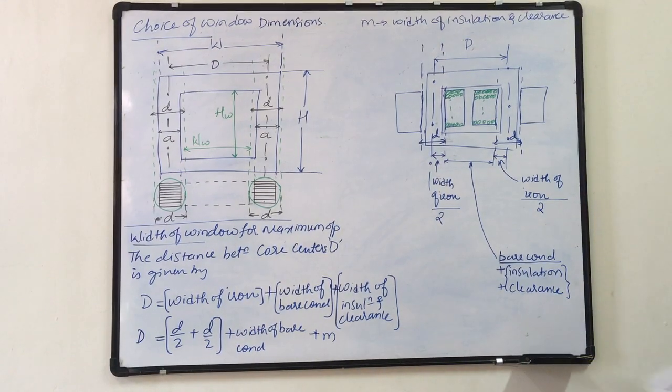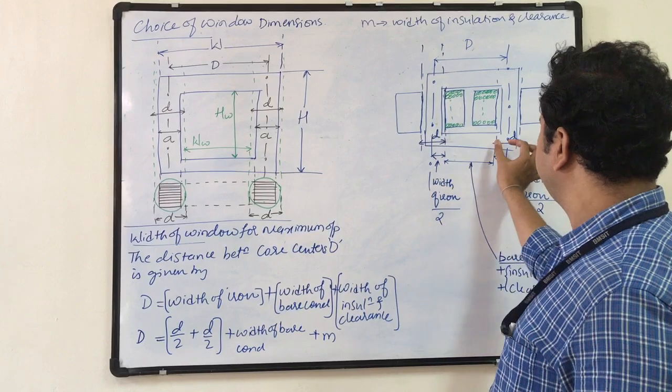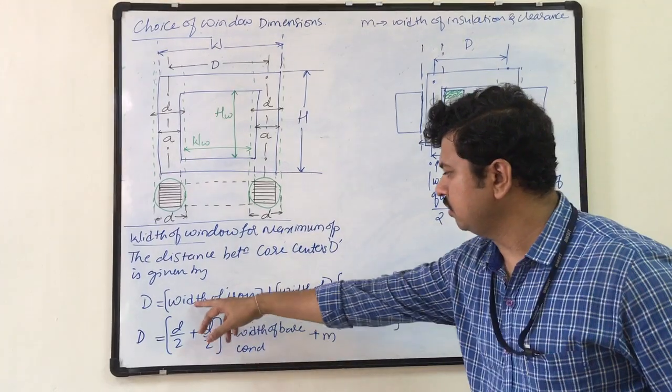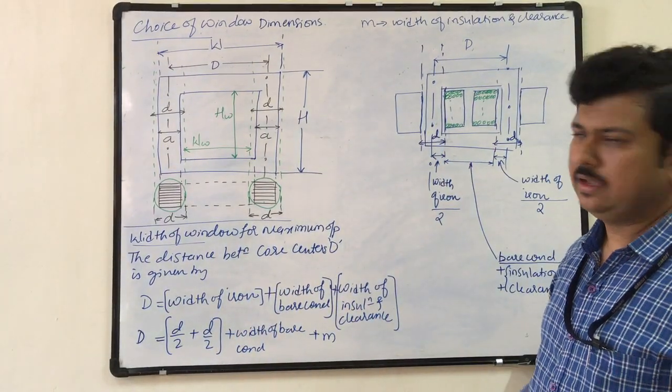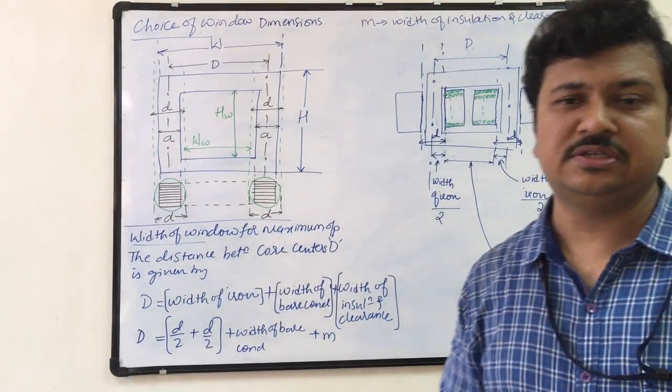So width of iron by 2 plus width of iron by 2 will give the total width of iron. D by 2 plus D by 2, including circumcircle it is considered.